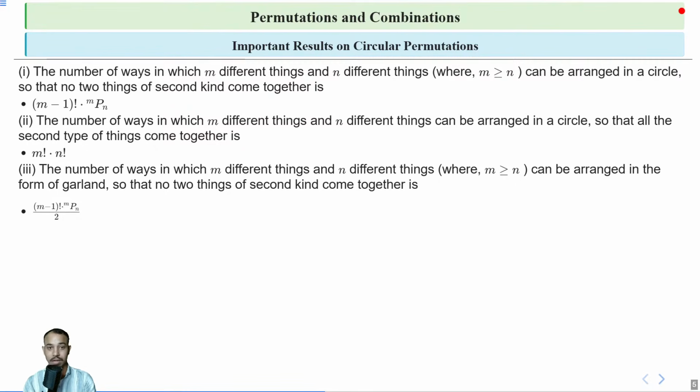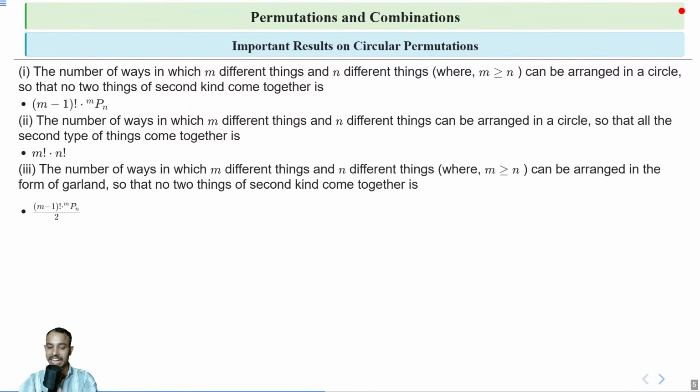How do we obtain it? You have m different things, and you are arranging them in the form of a garland. In how many ways can we arrange them? We can arrange them in (m minus 1) factorial by 2 ways. Now you have m gaps and you want to place n different things.